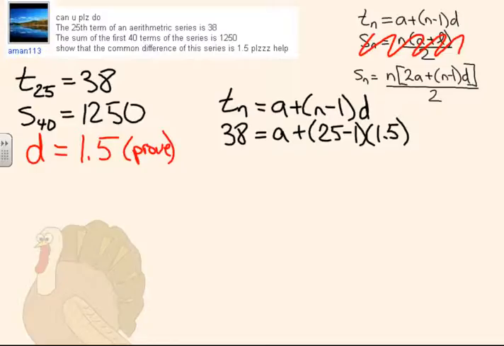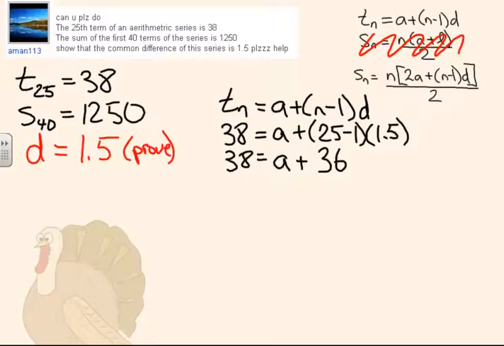Now, doing my math, I can figure out 38 equals a plus, the 25 minus 1 is 24, 24 times 1.5 ends up being 36. I did these ahead of time, so I wouldn't waste too much time.